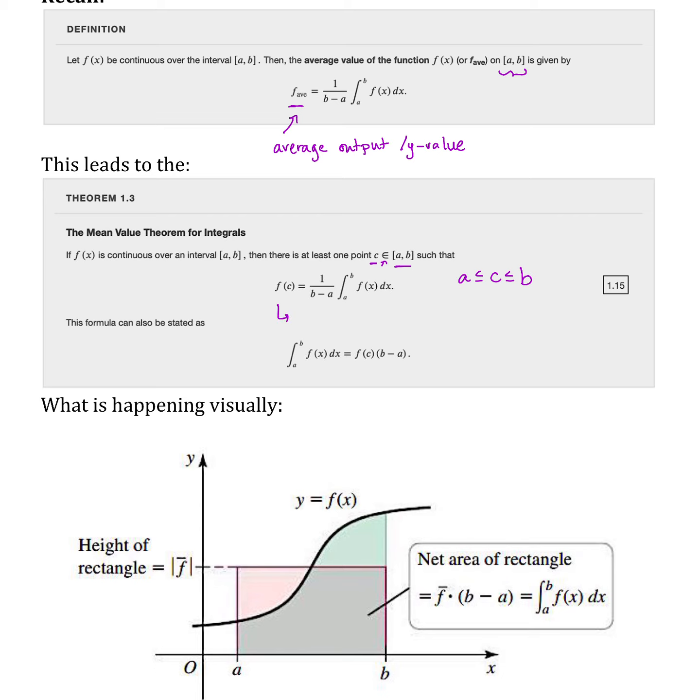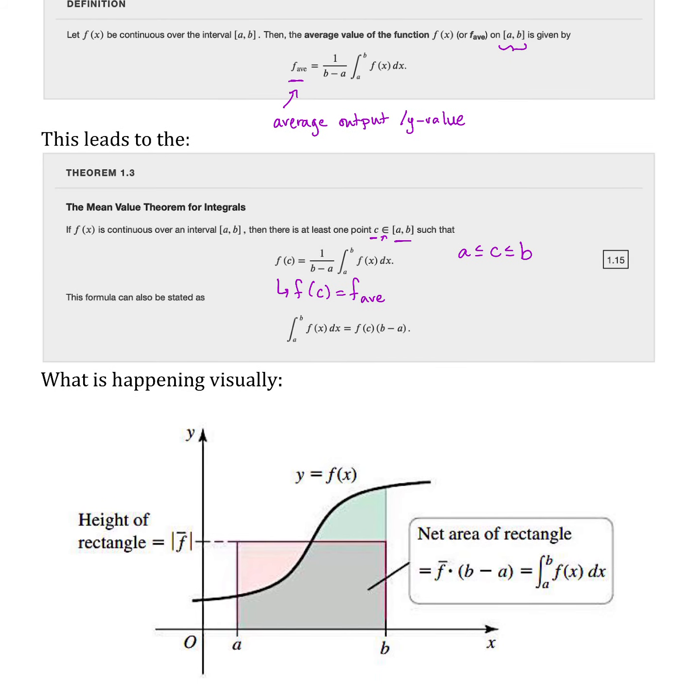So this is telling us that there's some point c where f of c is equal to that average y value. So that average y value is an actual output of this function for some x value, at least one, in that interval.